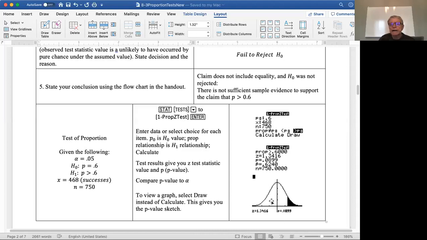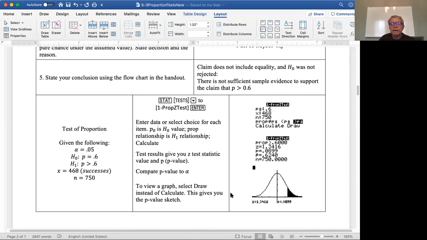All right, and then we would continue on with steps 4 and 5 after we've done this. We still have to do step 1, and we still have to do 4 and 5. This only gives us information from step 2, the z, and step 3, the p-value.